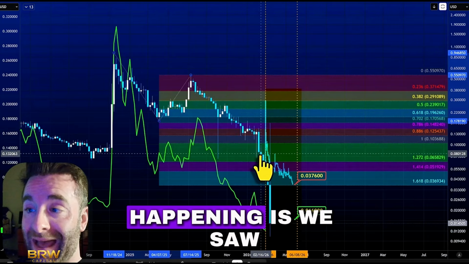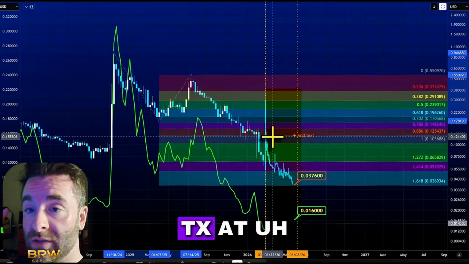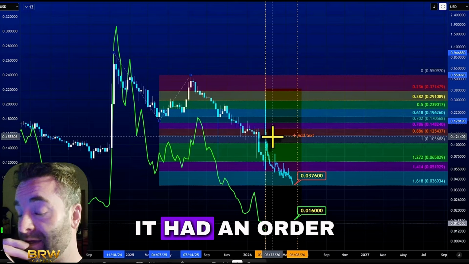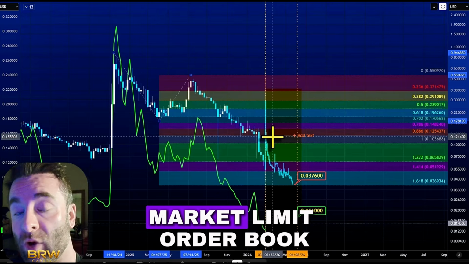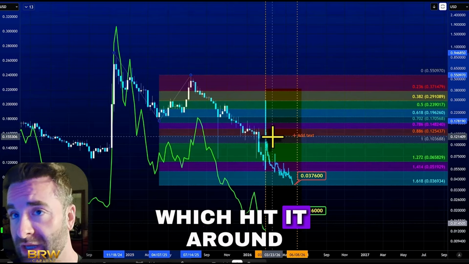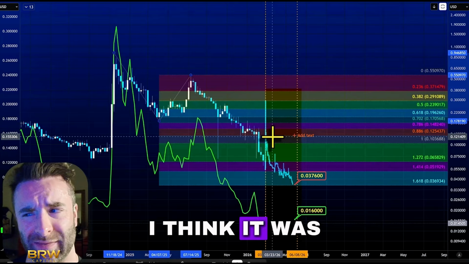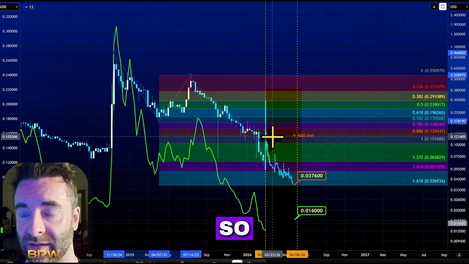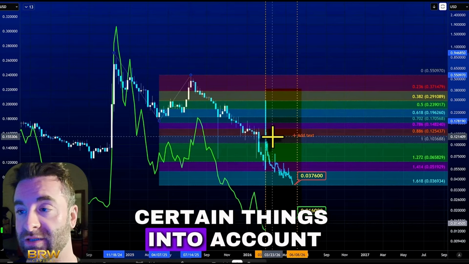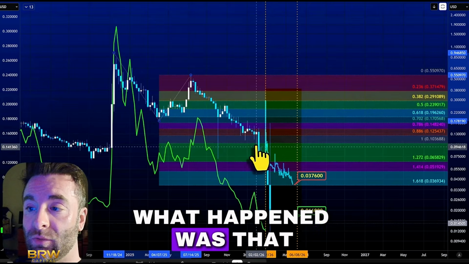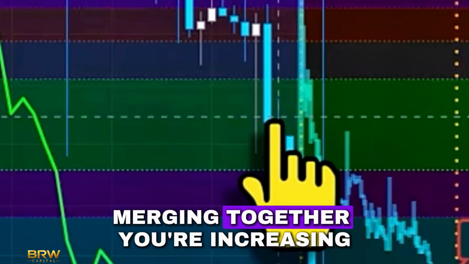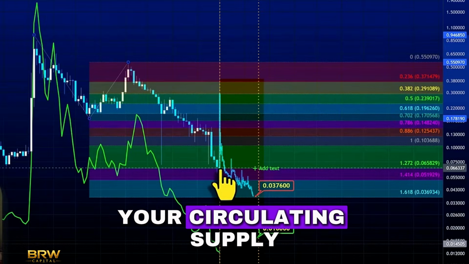So what ended up happening is we saw TX had a pre-market limit order book, which hit around, I think, 13.5 cents. So we have to take certain things into account like that, right? If two coins merge together, you're increasing your circulating supply.